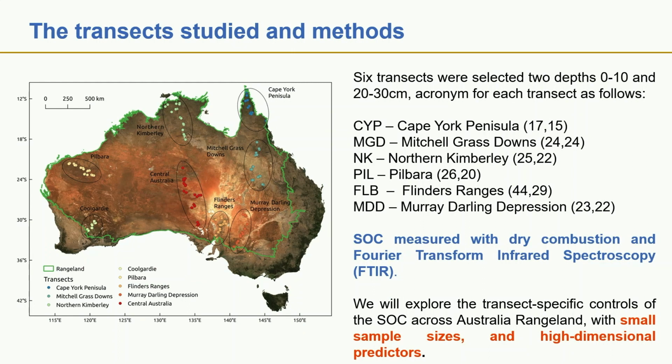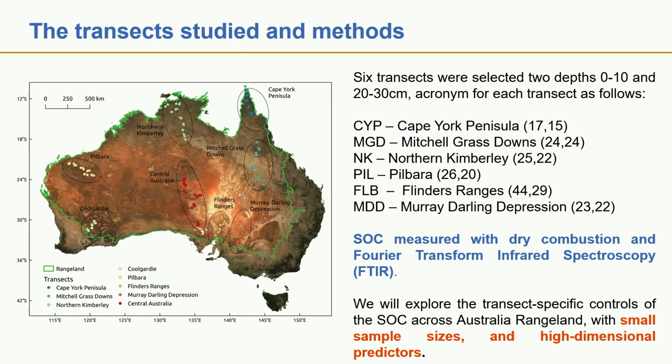MGD means Mitchell Grass Downs. NK means Northern Kimberley. PIL means Pilbara. FLB means Flinders Ranges. MDD means Murray Darling Depression. The soil organic carbon was measured with dry combustion and FTIR.